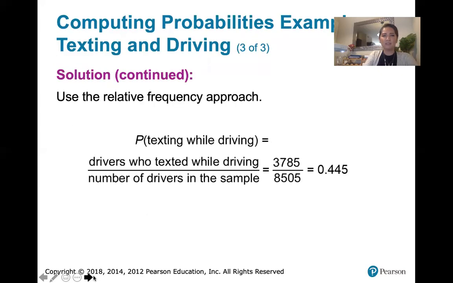So we're using that relative frequency approach. We take the number who texted while driving, we divide by the number of drivers in the sample. So that's the number of times that that procedure was run, and we get this 0.445 as a decimal approximation of the probability that a student would text while driving.